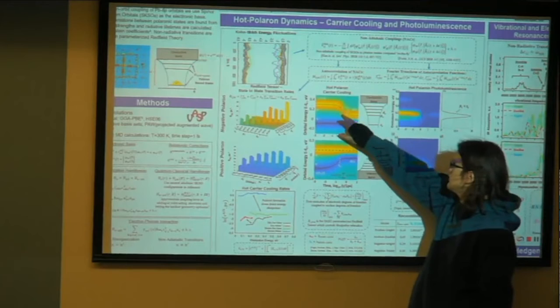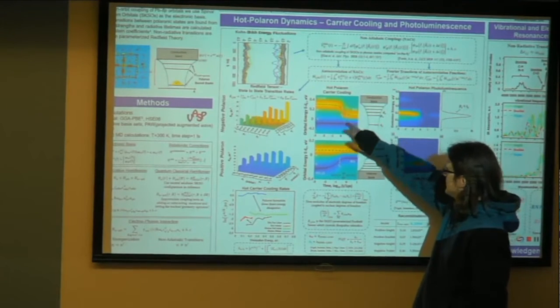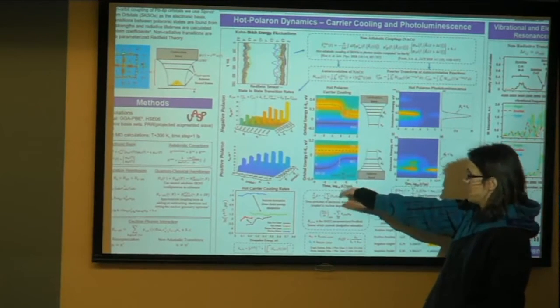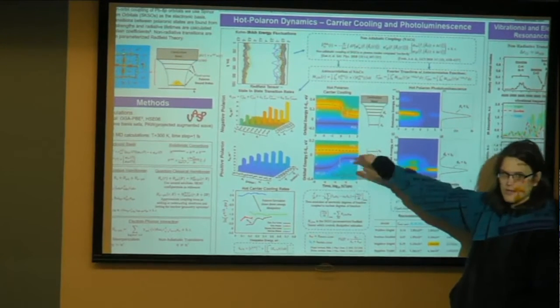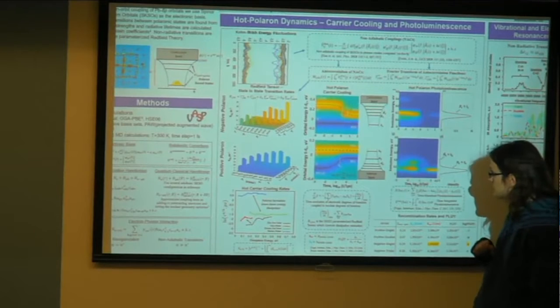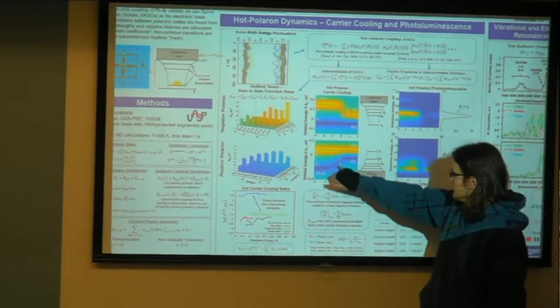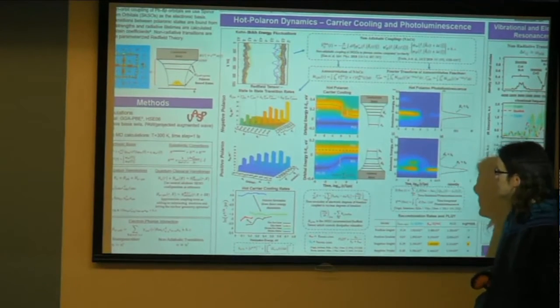For the negative, it shows a bi-exponential decay, which is on a slightly longer time scale than the positive, which is closer to a single relaxation and is generally a little bit quicker than the negative polaron.